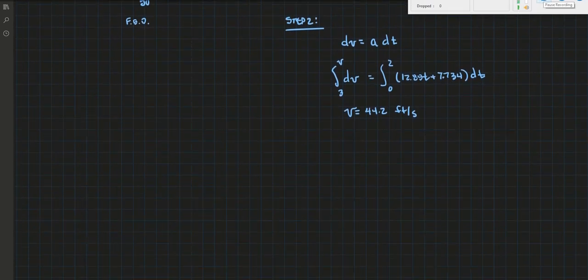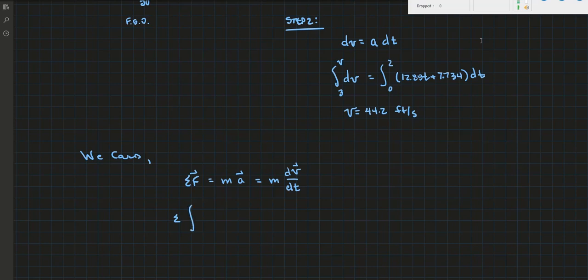Now, what we could do, however, is notice that our sum of forces as a vector equals mass times acceleration as a vector, and this equals mass, if we consider mass constant, times the derivative of our velocity with respect to t. And we can solve this differential equation. We can separate variables and integrate.